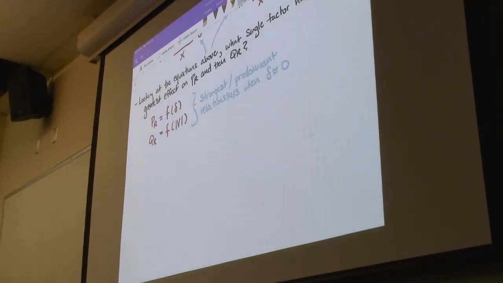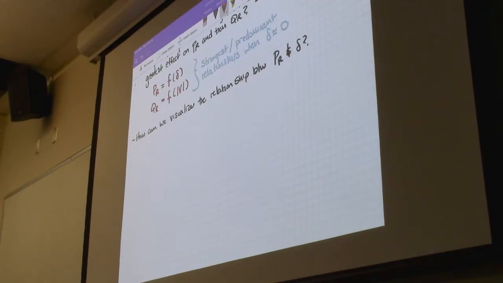Okay, now, how can we visualize the relationship between PR and delta?